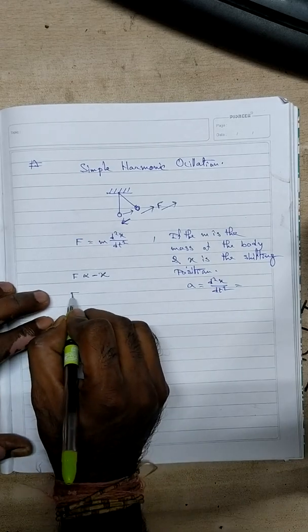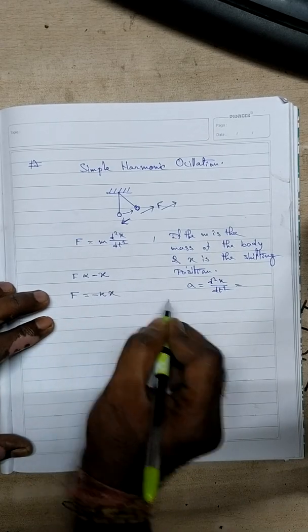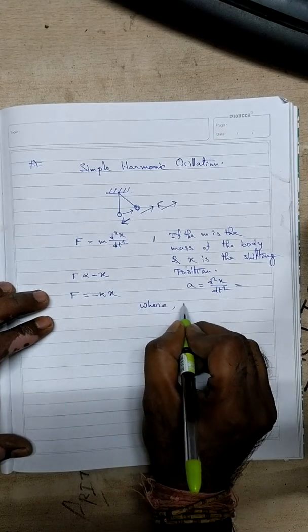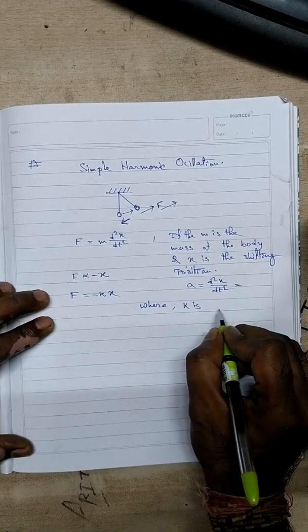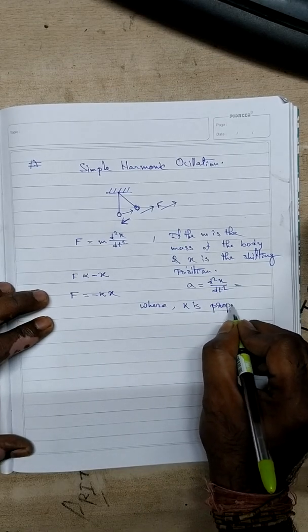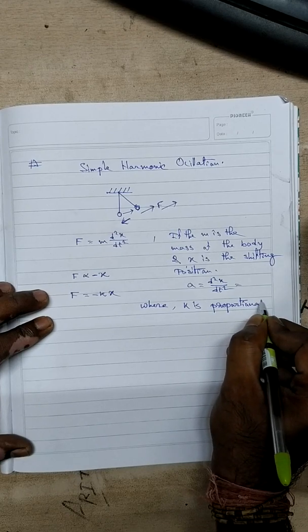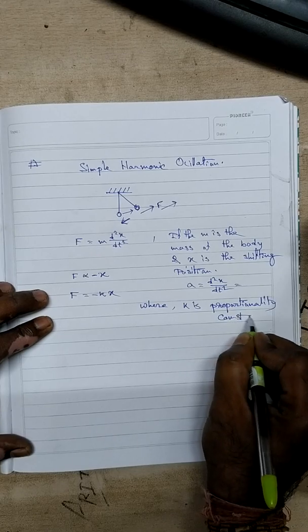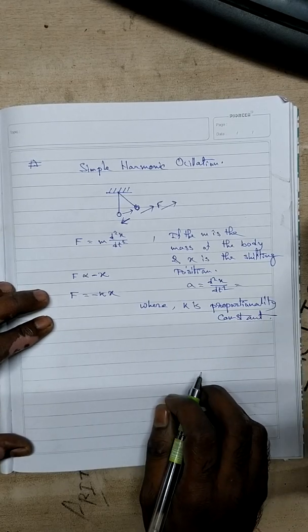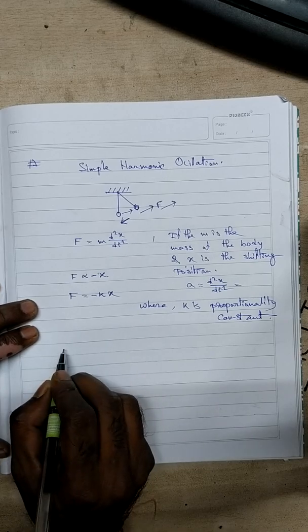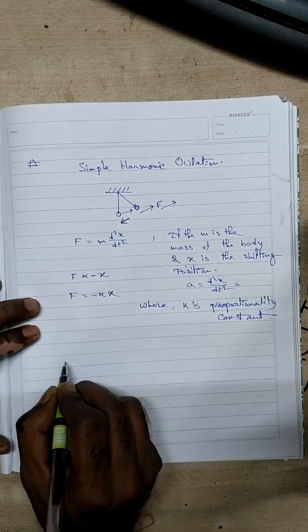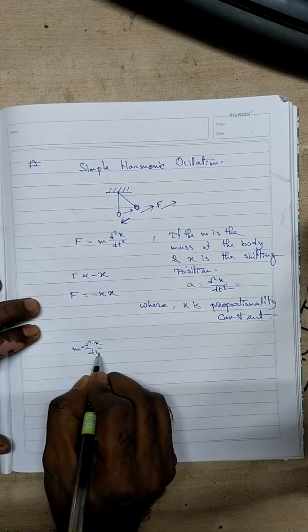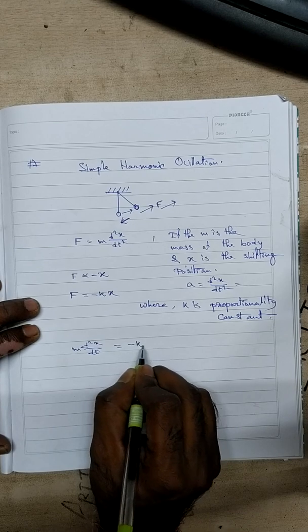So now F is equal to minus kx, where k is the proportionality constant. Clear?